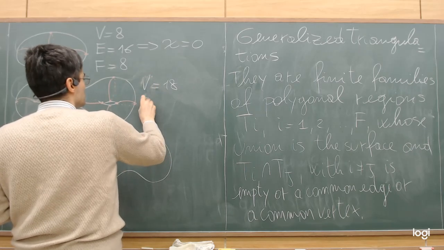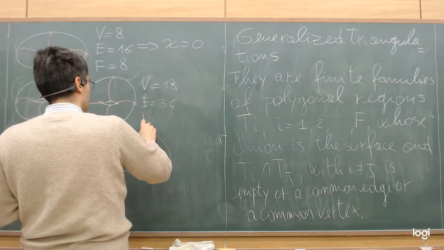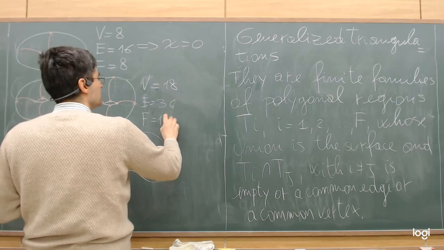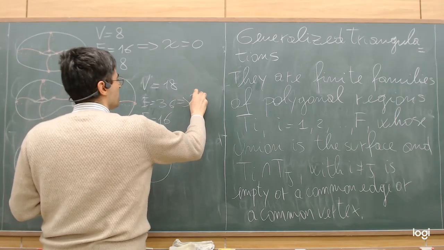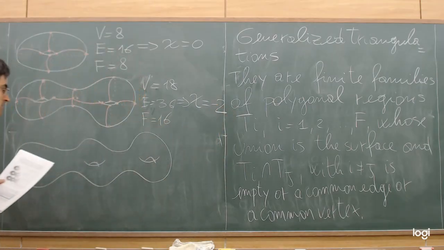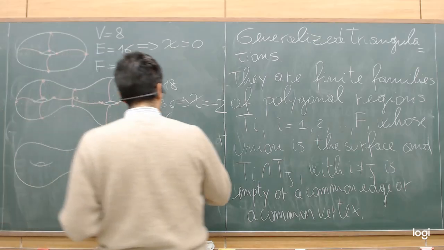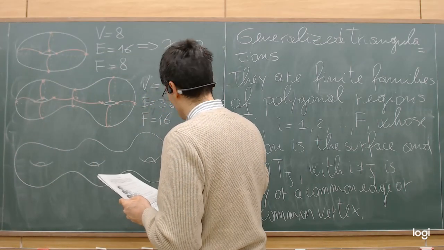The number of edges is 36. The number of faces is 16. So you get that the Euler characteristic is -2. And if you continue, you find chi equal -4.